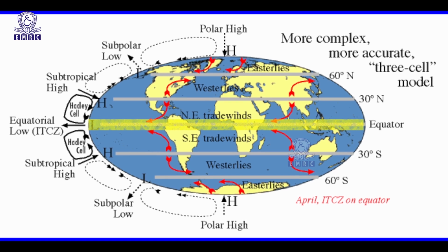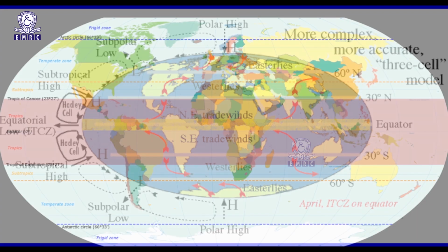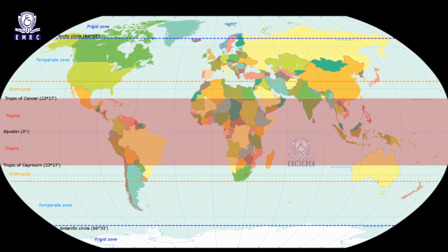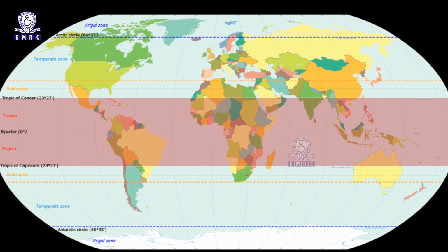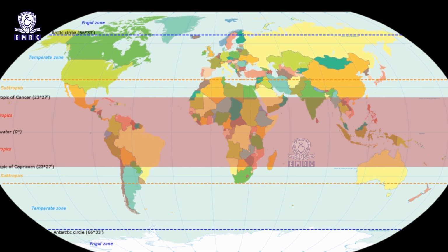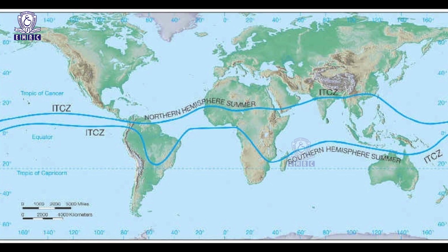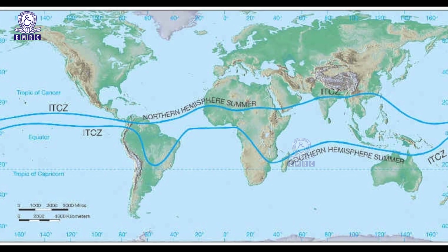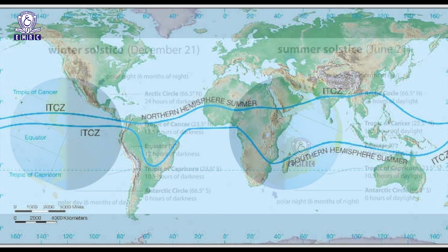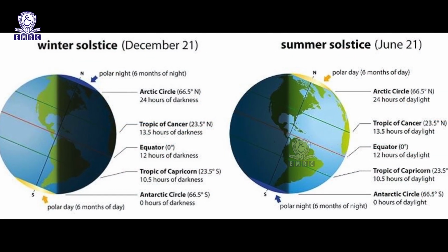These fronts represent the meeting ground of northeast and southeast trade winds. The northern and southern boundaries of the intertropical convergence are called north intertropical convergence and south intertropical convergence respectively. There is seasonal shifting in the north intertropical convergence and south intertropical convergence, with northward migration during the summer solstice and southward migration during the winter solstice of the sun.